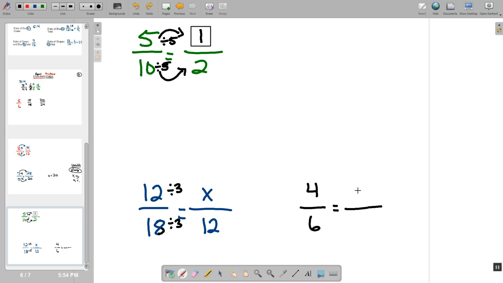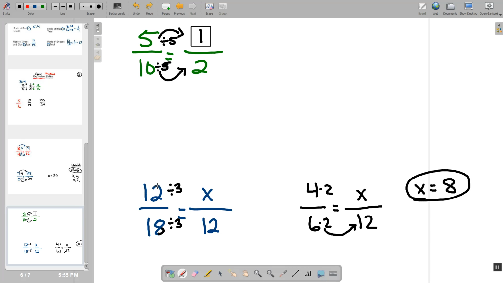And if I get 4/6, now I can solve for my value of x, because 6 times 2 is equal to 12. Therefore, 4 times 2 will give me my answer of x is equal to 8.